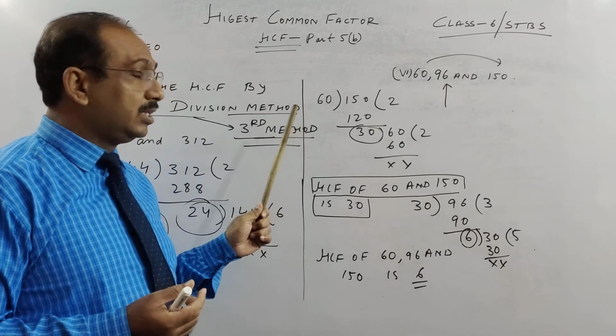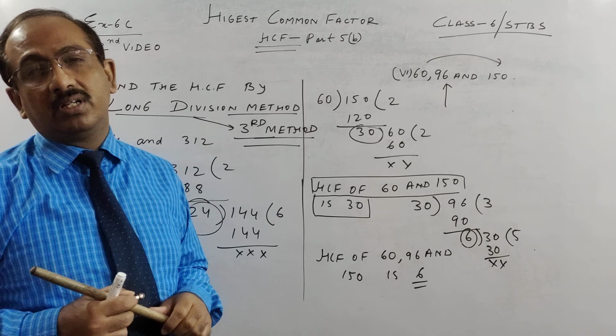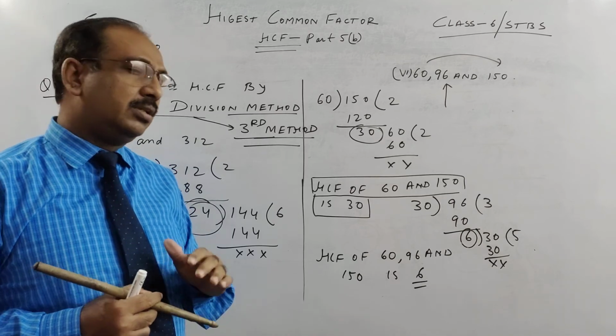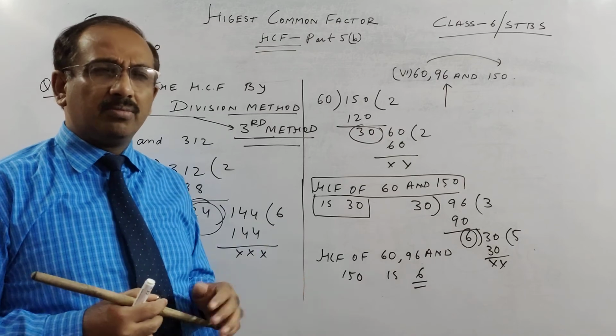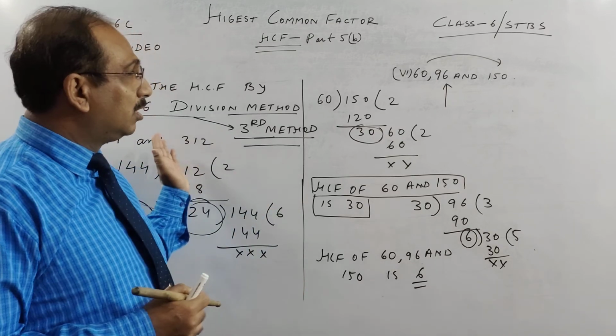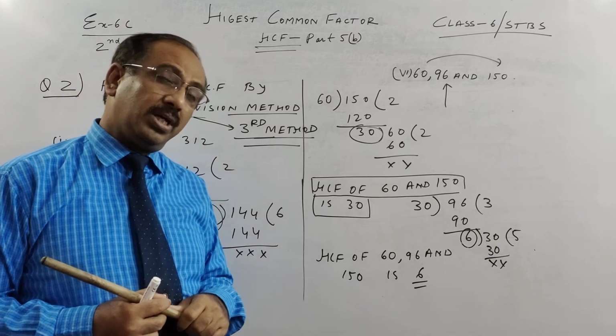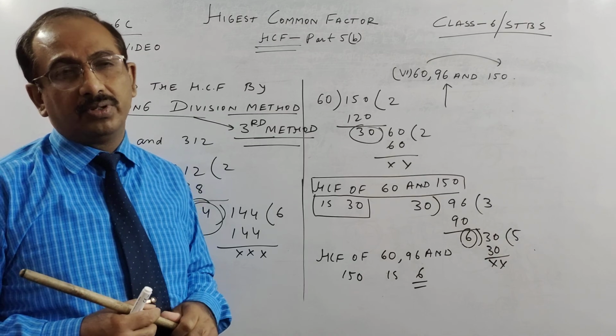So after HCF, we have LCM. So all these are very, very important fundamental chapters in mathematics, children. They have huge application. I cannot tell you which branch of mathematics, or even in physics, maybe in chemistry, this basic thing has no application. So please do them nicely. They are very important for you all.